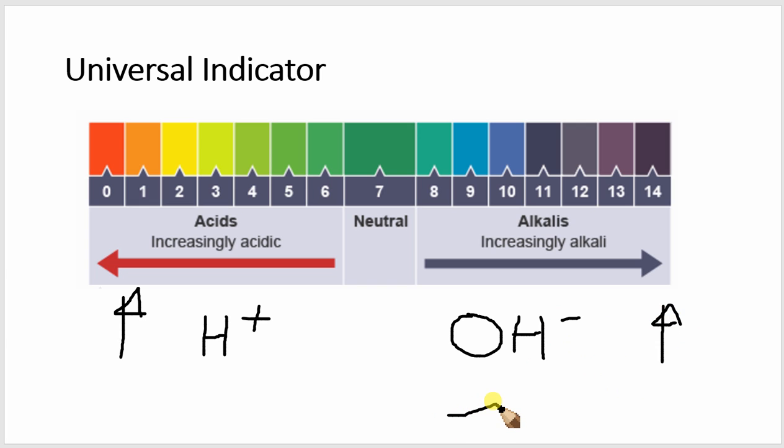So the concentration goes up towards 14 for the hydroxide ions, and the concentration goes up for the hydrogen ions as the pH lowers. So increasingly alkali also means an excess of hydroxide ions. For acids, we're having an excess, an increase of hydrogen ions.